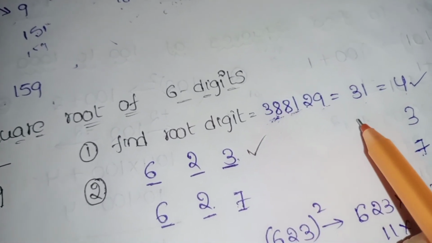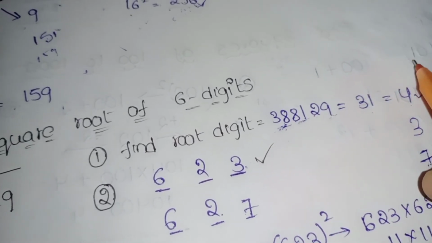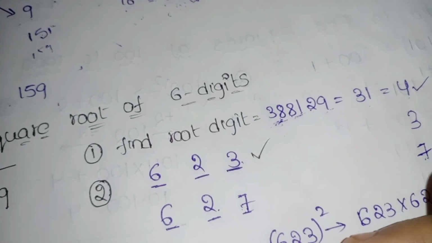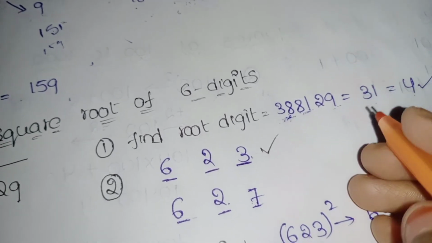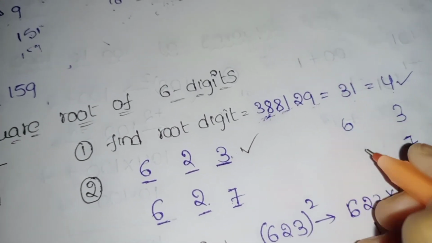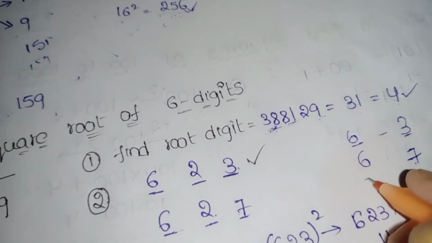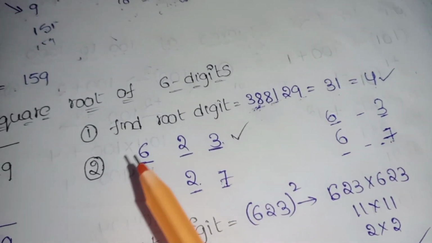Which number's square is near 38? 6 squared is 36, and 7 squared is 49. 49 is too far from 38, so I take 6 squared, 36. So the first number is 6.